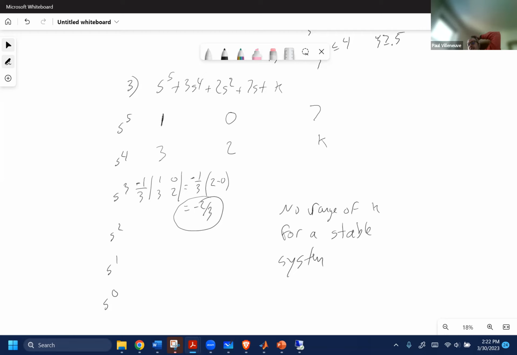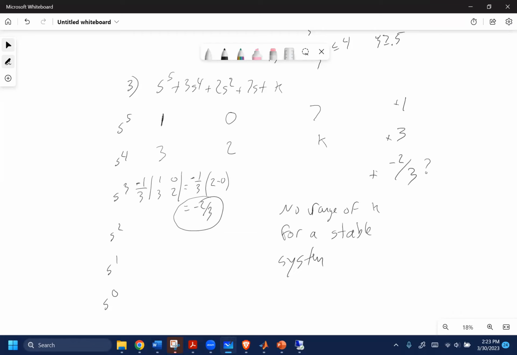This is even easier, right? You can see that whatever you do to k, how do you make -2/3 be greater than 0? Remember, every term has to be greater than 0. So what can I do here to make sure that these are all positive numbers? Can you do anything? No.